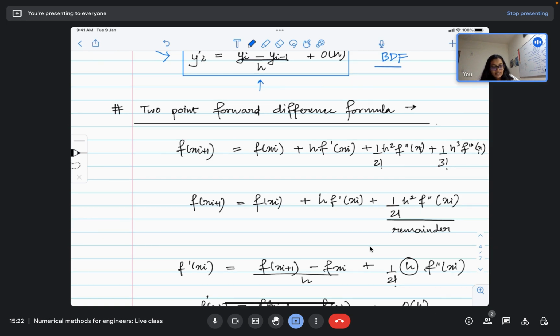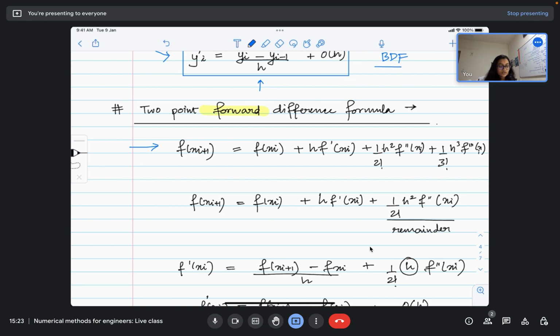What we basically call it is the forward difference formula. Okay. In order to compute the forward difference formula, we first have to find the expression for f of xi plus 1 with the help of Taylor series expansion.